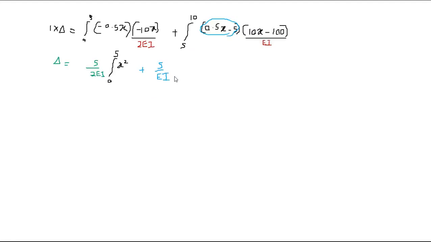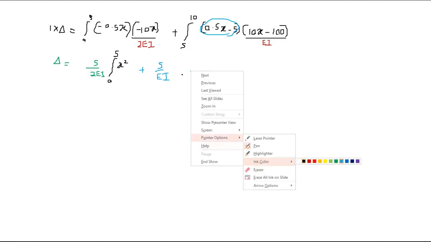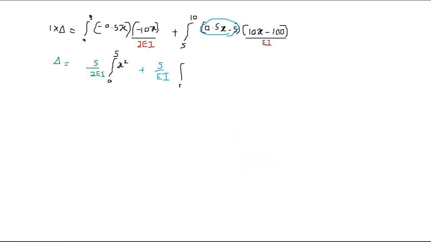Okay. So your integral remains like this, 5 into 10. If you take 0.5 out, this is going to be x minus 10. If you take 10 out, this is going to be x minus 10. So the whole thing is going to be x minus 10 squared. So you take EI out.